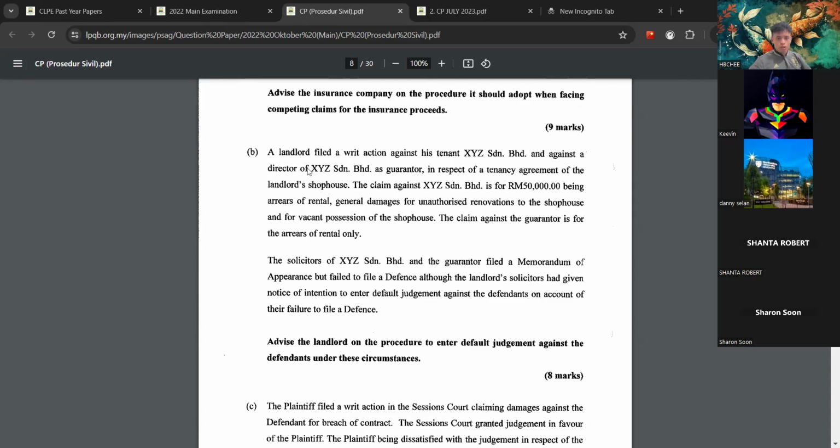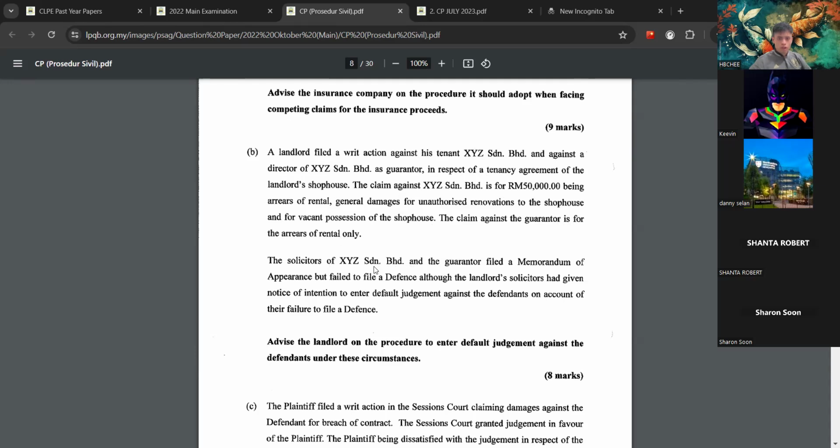Okay, part B. The landlord filed a writ action against the tenant XYZ and against the director of XYZ as guarantor in respect of the tenancy agreement. Claim against XYZ is 50,000 being arrears of rental, general damages, unauthorized, and so on. Claim against the guarantor is for arrears of rental only.